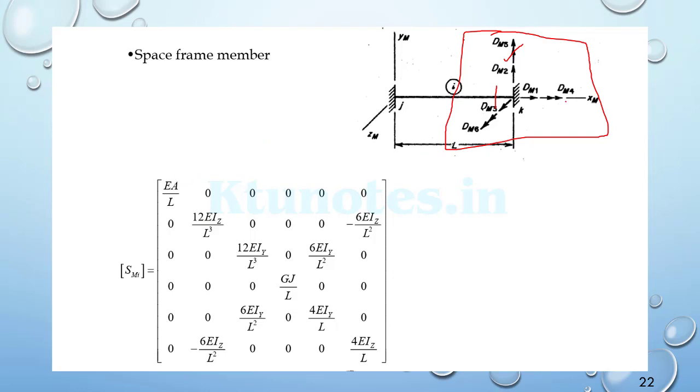So there will be a 6 by 6 matrix, because 6 unknowns are there. The matrix size will be 6 by 6.